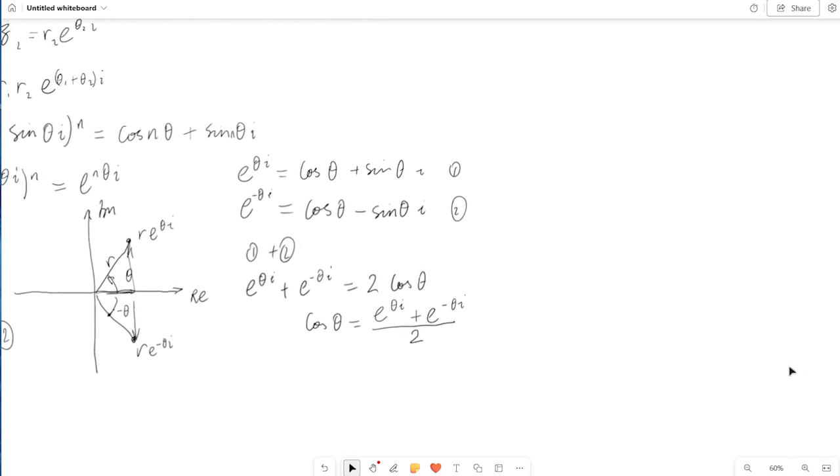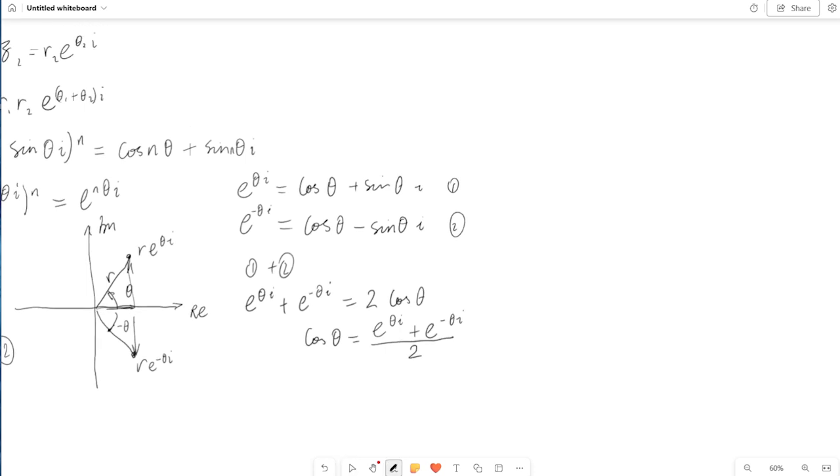And you can do exactly the same thing with sine. So all we do is simply now, instead of adding, we subtract the conjugates. So e to the power of theta i minus e to the power of negative theta i. And as you can see here, cosine minus cosine is 0, plus sine minus negative sine.